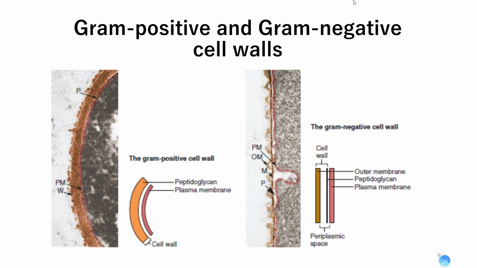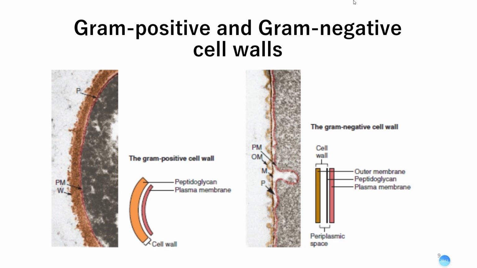We'll introduce the structure on the molecular level of peptidoglycan. Okay? So it's kind of hard. You cannot push it. So that keeps the specific shape of the bacterial cell. Without the cell wall, it cannot keep the specific shape. So this is gram-positive cell wall.